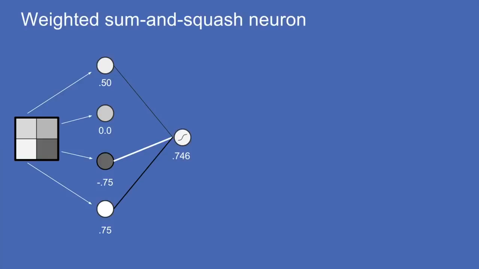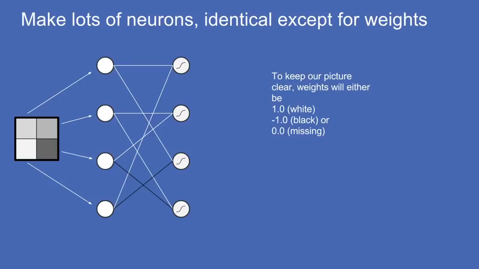So we can collapse all that down, and this is a neuron that does a weighted sum and squash of the result. And now instead of just one of those, assume you have a whole bunch. There are 4 shown here, but there could be 400 or 4 million.